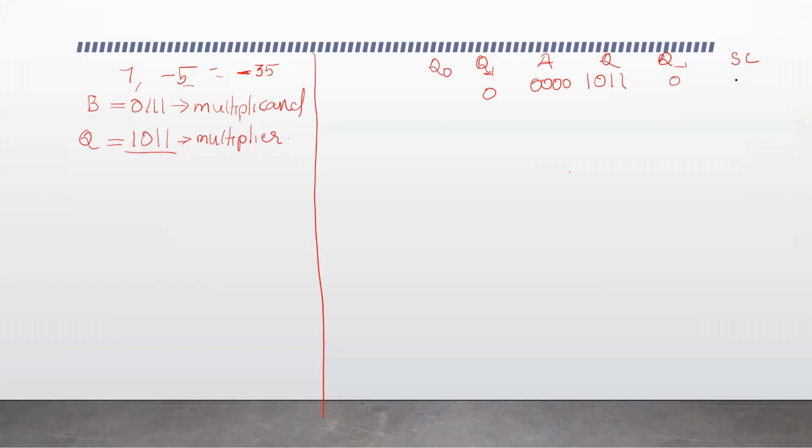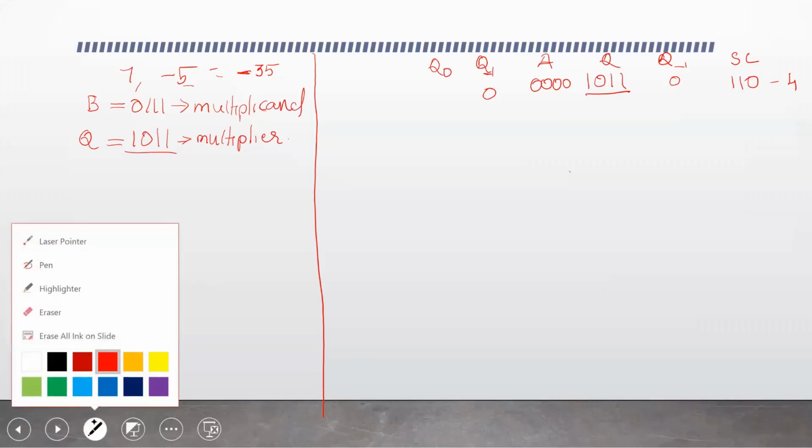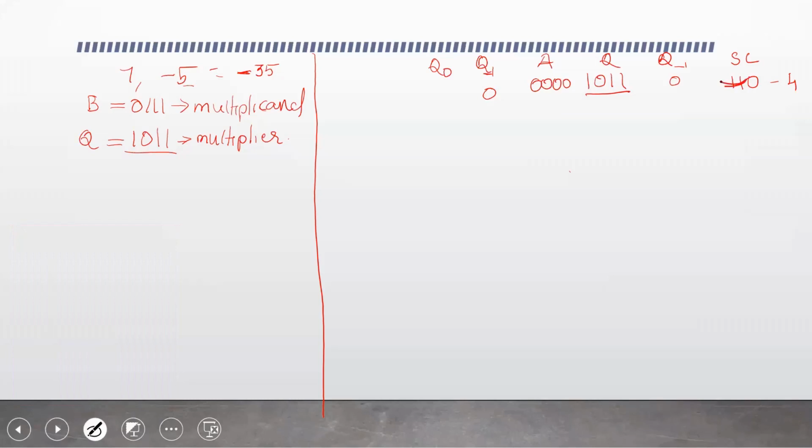What would be the value of SC here? SC stores the number of bits in the multiplier.